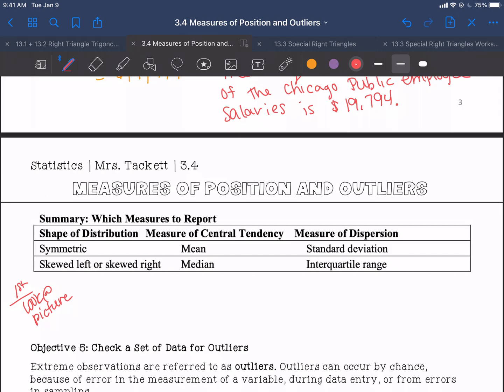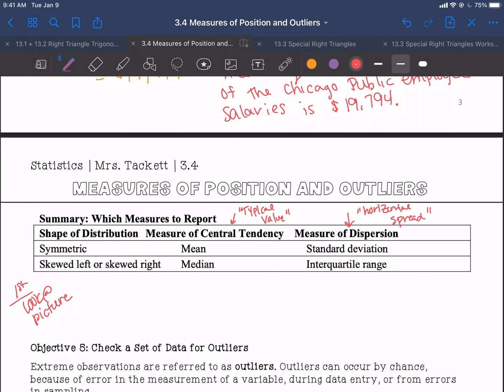So if it's symmetric data, then you want to use the mean to describe the typical value, and then use standard deviation to describe the horizontal spread. Okay, so that's if you're working with symmetric data.